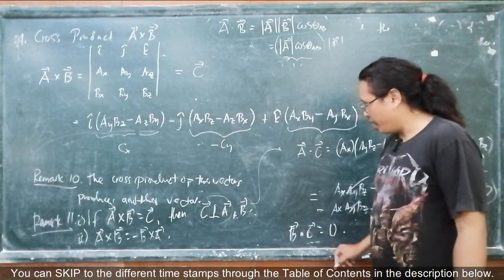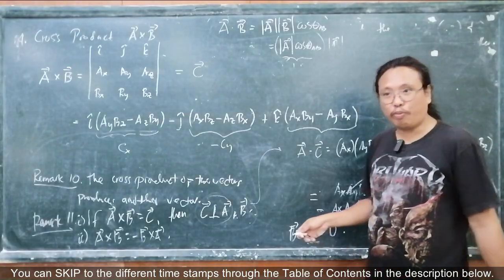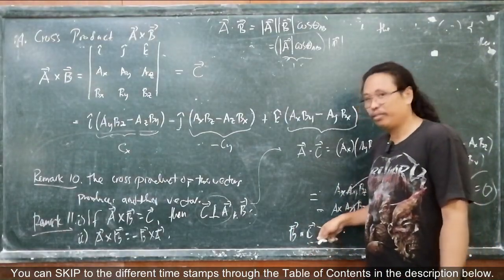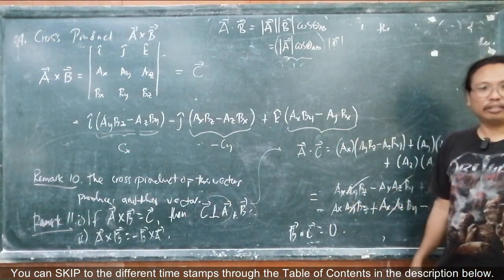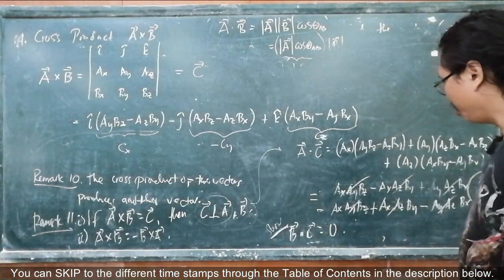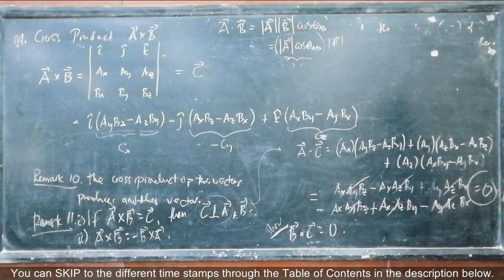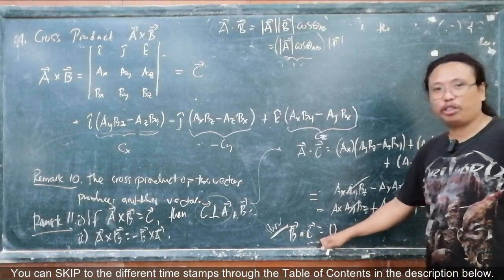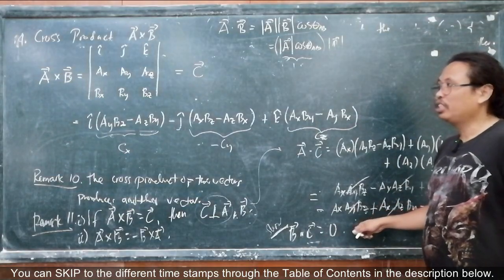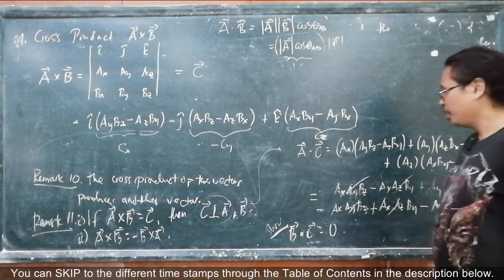Okay, now I'll give you an exercise. Prove this one now. Do it. Show this one. So you have now shown that B dot C, or C dot B, is equal to 0.